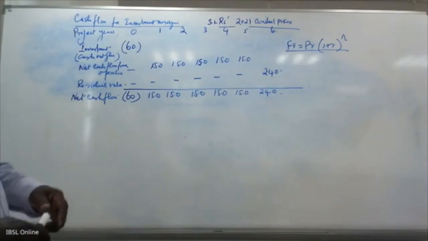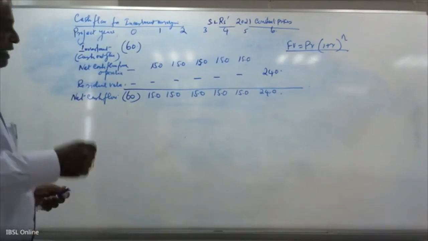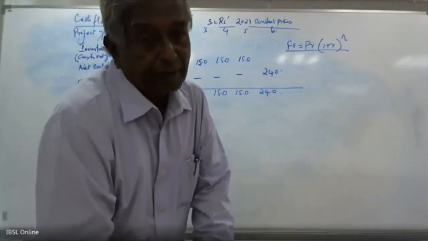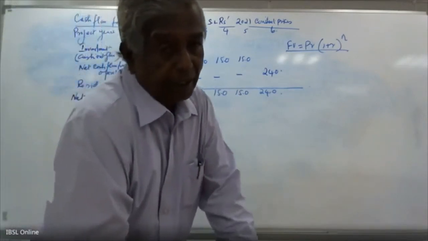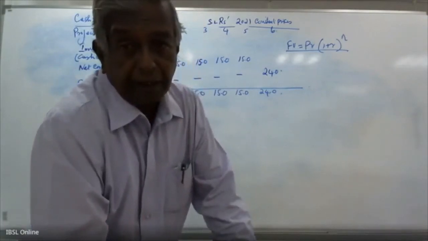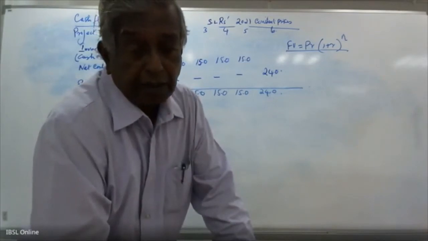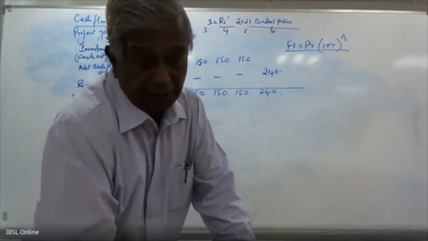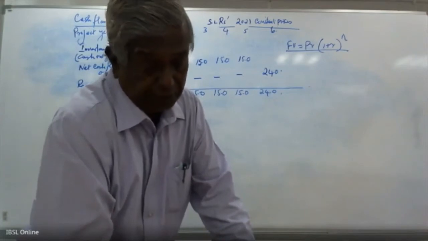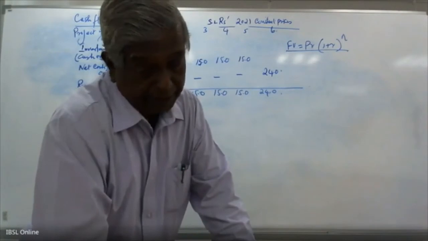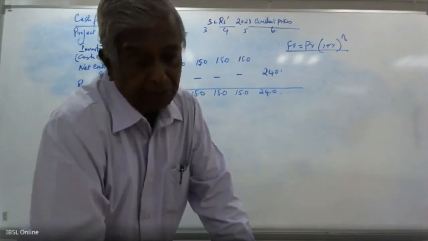Now, another word I want to use: the compounding factor, which I told you about. It is for a present value of 1 rupee, at various interest rates and various periods, what is the future value?